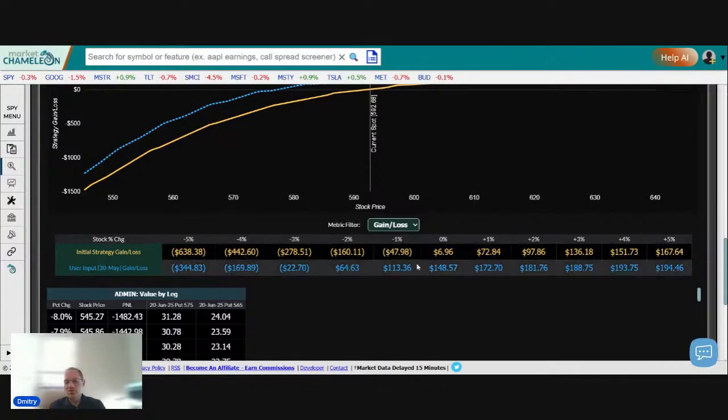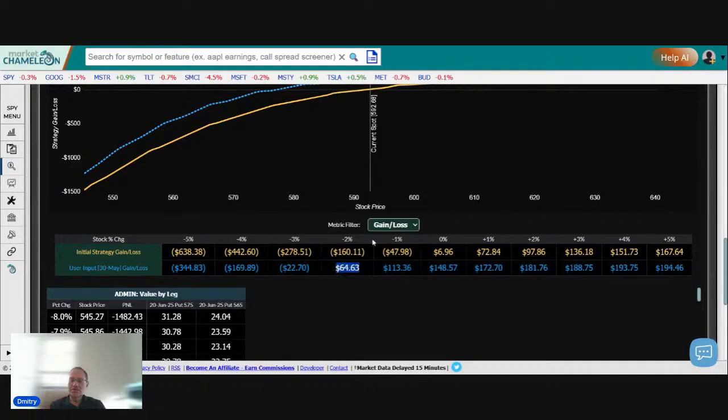And you could see down 1%, you're estimated to make 113, down 2%, you're estimated to make $64 in 10 days, with 10 days of decay and implied volatility moving down, versus today losing 160 with implied volatility staying the same.